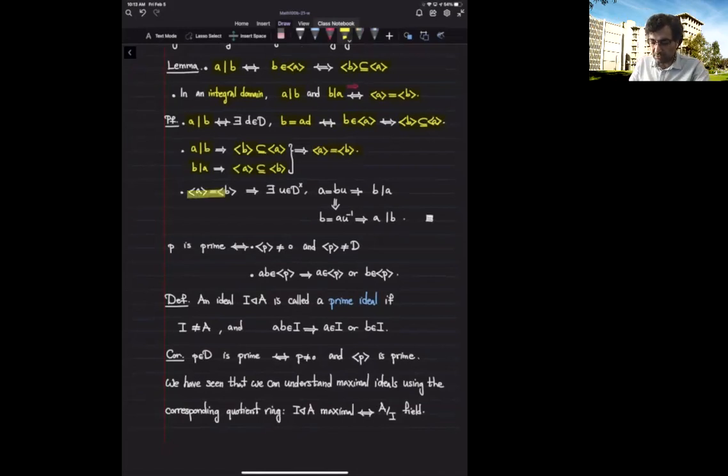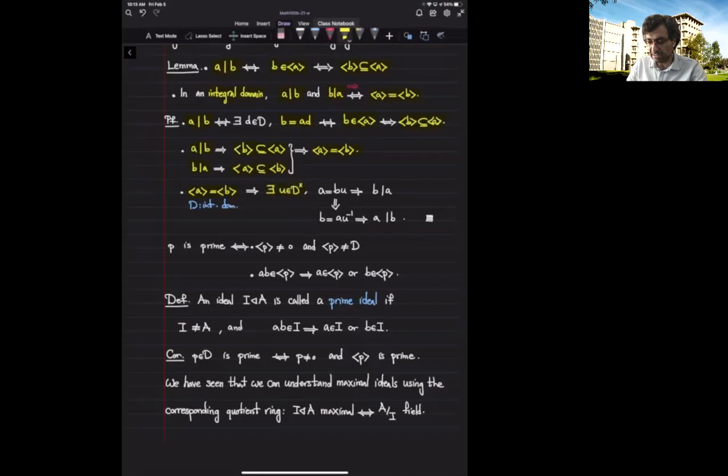Now let's go the other way. When two principal ideals are equal in an integral domain, and let me emphasize that D is an integral domain, then that implies that A and B differ by a unit multiple.